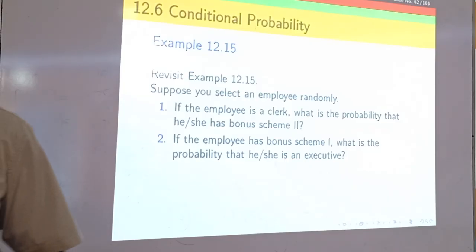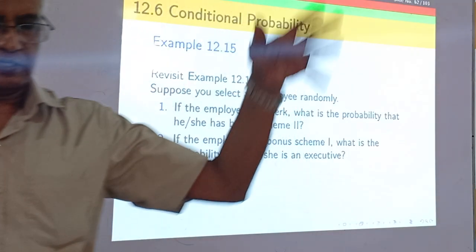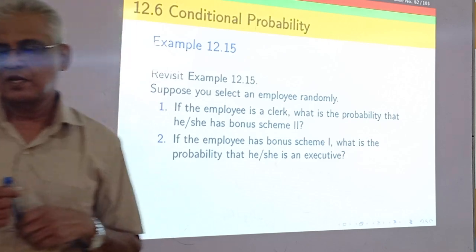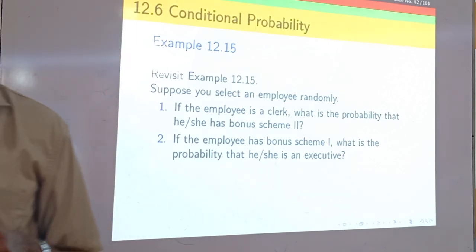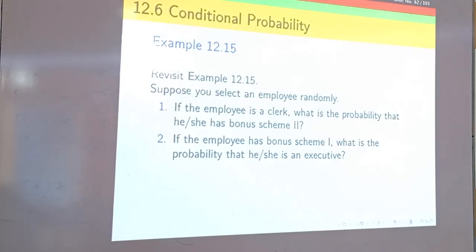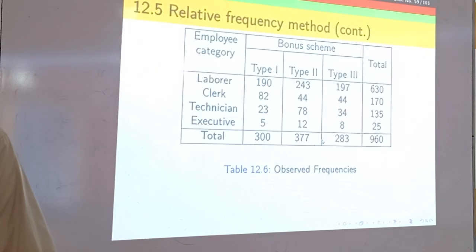Now one can ask like this. You randomly select an employee from these 960 people. One might ask, what is the probability that the employee is a clerk who has bonus scheme 2? That is one question to ask.